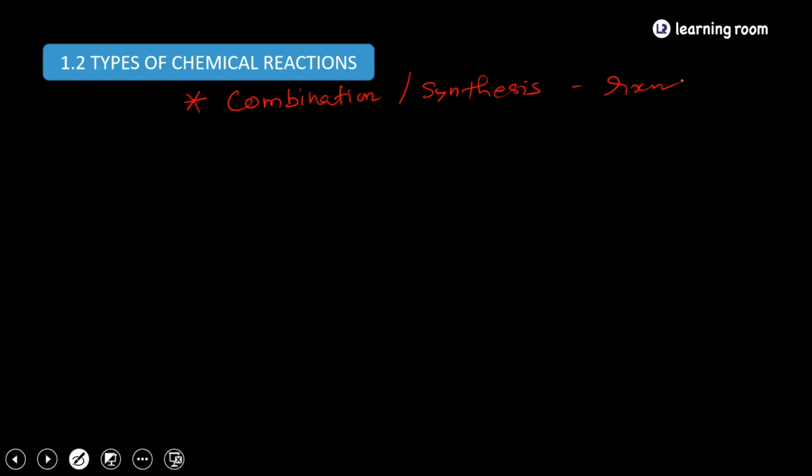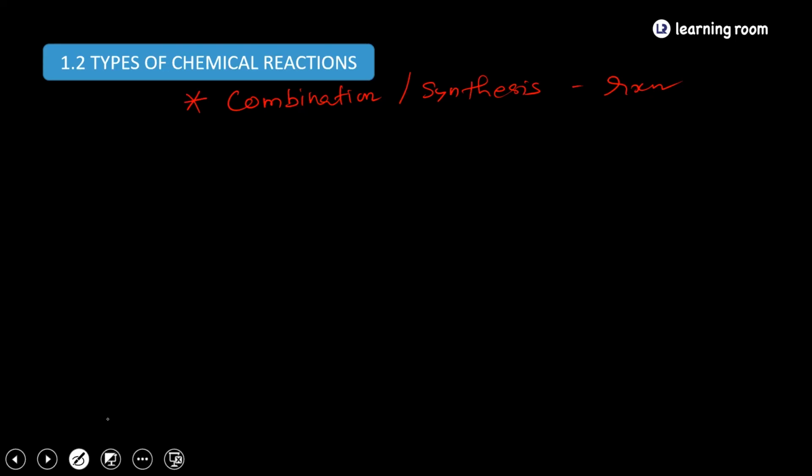Combination means, what is the meaning of combination? You are combining. If you combine any two reactants or more than one reactant to form a product, this is called a combination reaction or synthesis. In organic reactions, they call it synthesis. So two or more substances which combine to form a product, this is known as a combination reaction.